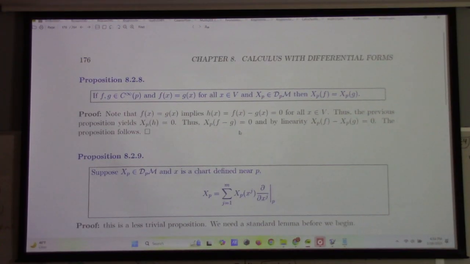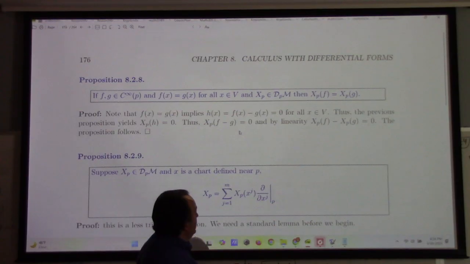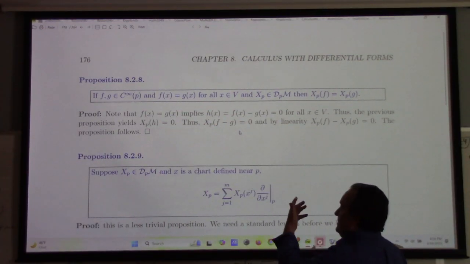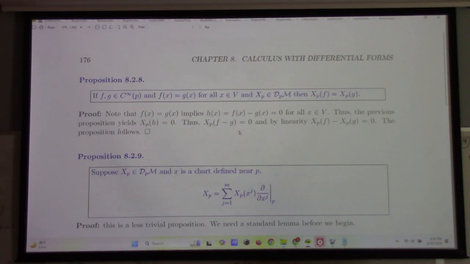So let's see, this proposition 8.28 says that if two functions are equal for all x near the point P, then it follows that the derivation at P acting on F is equal to the derivation at P acting on G. So, great.